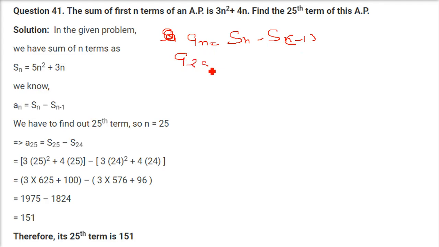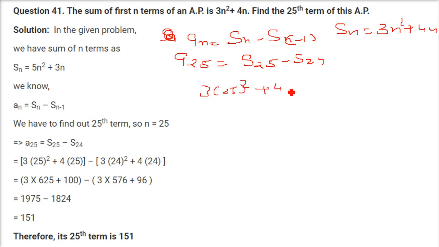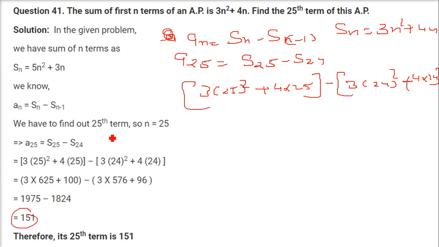So a25 will be equal to S25 minus S24. Since Sn is given as 3n square plus 4n, we can write S25 as 3 into 25 whole square plus 4 into 25, minus S24, which is 3 into 24 whole square plus 4 into 24. If you solve it, this is going to come as 151. So a25 would be equal to 151.